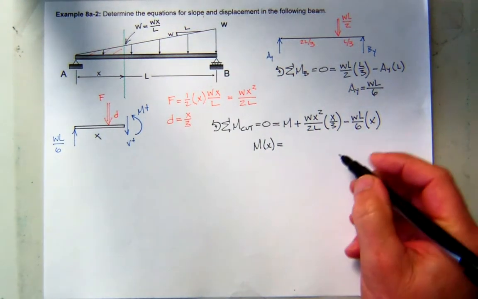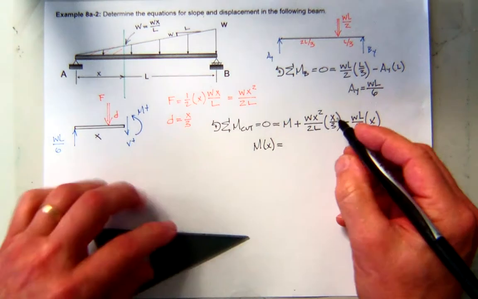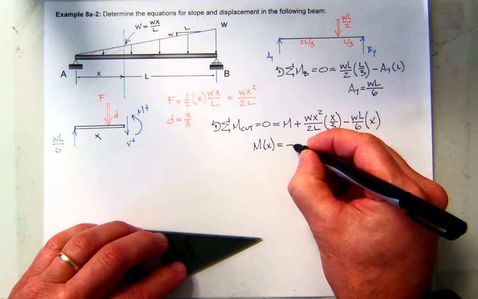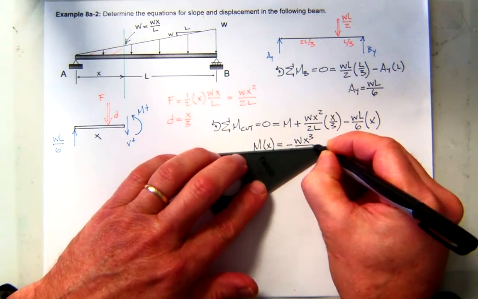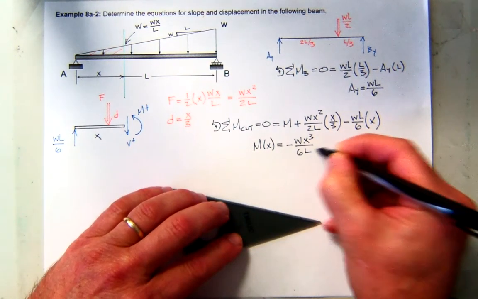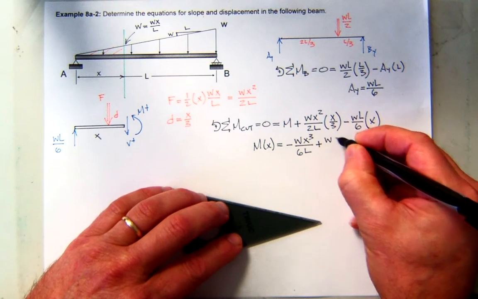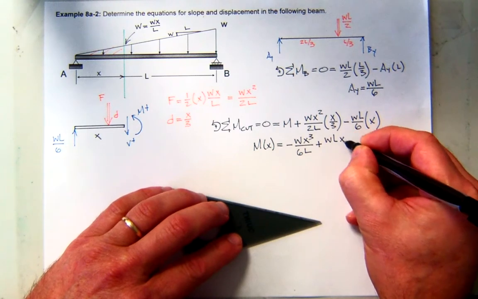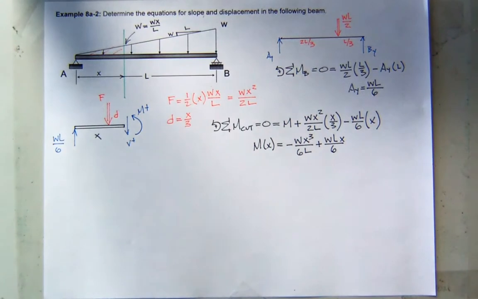This is Wx cubed over 6L, and that's positive. So positive Wx cubed over 6L, and this becomes negative WLx over 6. Does it work?